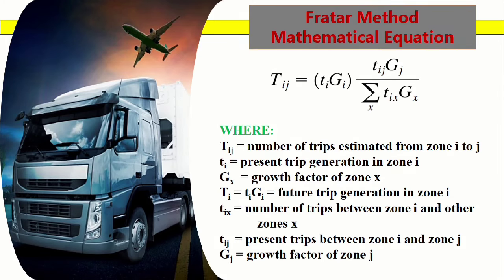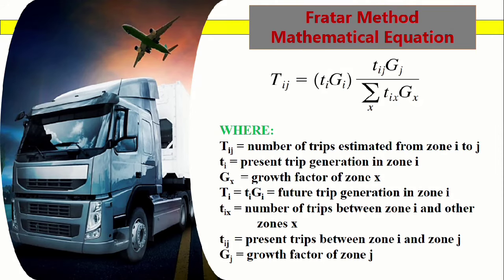So, Tij is equal to Ti multiplied by Tij Gj all over the summation of Tix Gx, where Tij is the number of trips estimated from zone I to J. Then the capital Ti is the present trip generation in zone I. Then the Gx is equal to growth factor of zone X. Ti or TiGi is equal to future trip generation in zone I.